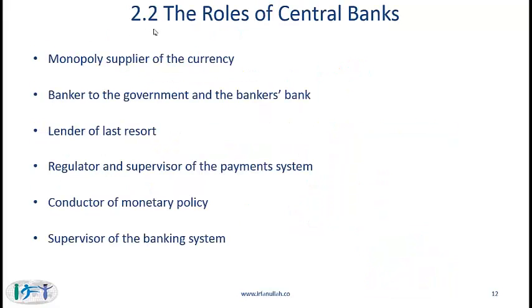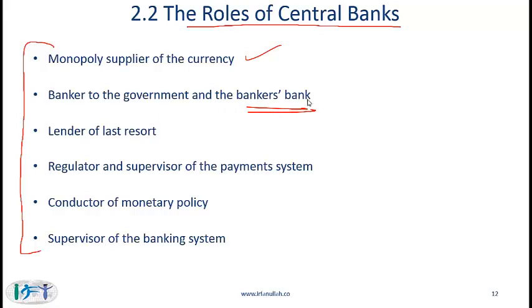Section 2.2 deals with the various roles of central banks, and here is a list that you need to memorize because I can easily see a question on this material showing up on your exam. The central bank is the monopoly supplier of currency in a given economy. The central bank is the banker to the government and the banker's bank.